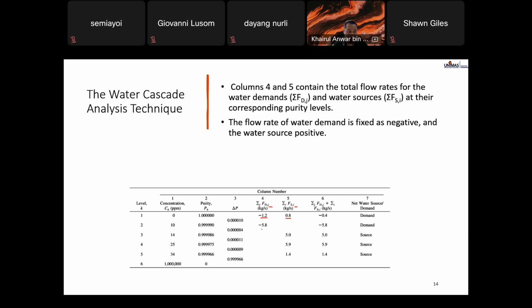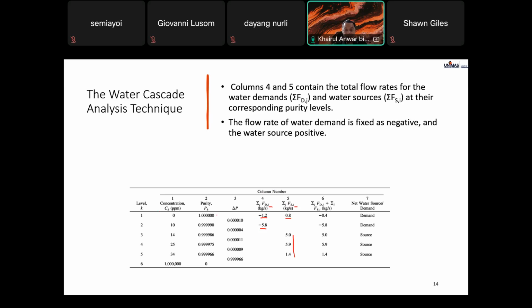See the water demand for the 10 ppm, which is 0.58 from water demand number 2 there. So the rest is the water source.